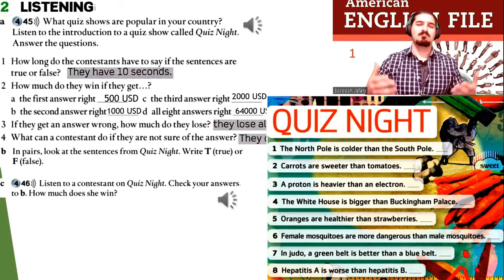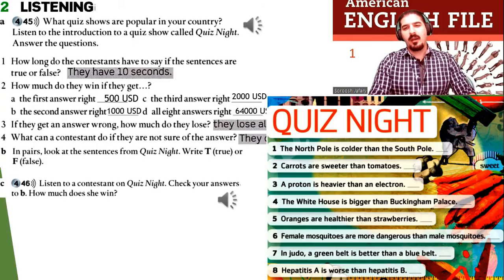True or false? The White House is bigger than Buckingham Palace. False. Correct! Buckingham Palace has 775 rooms, but the White House has only 132 rooms.